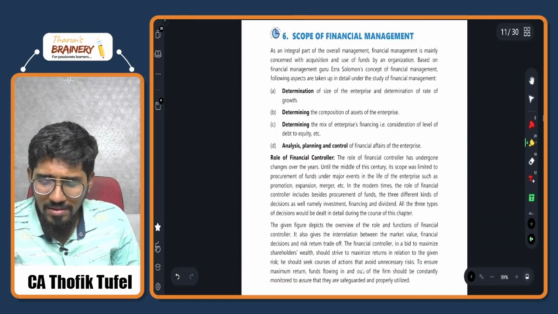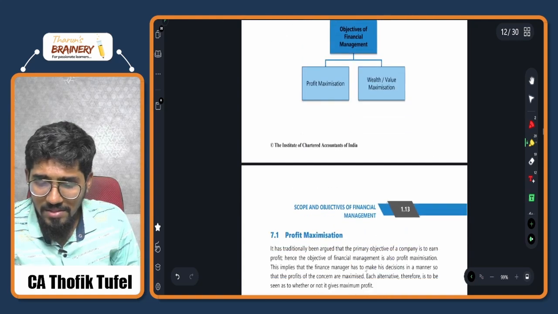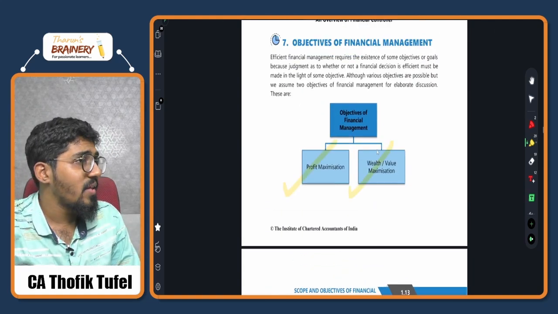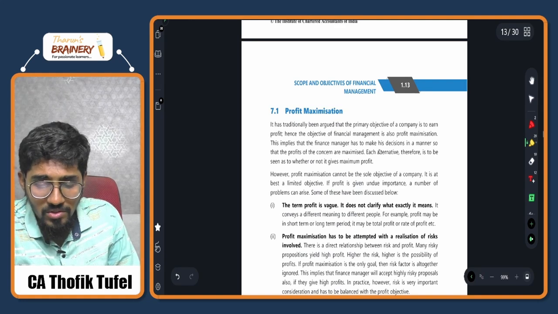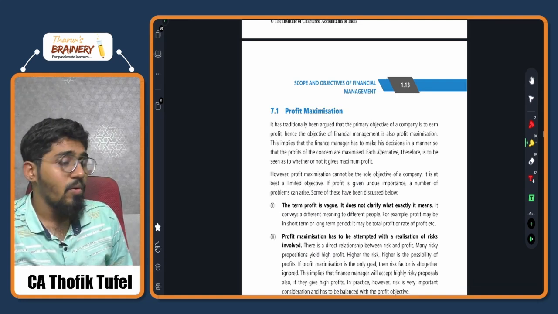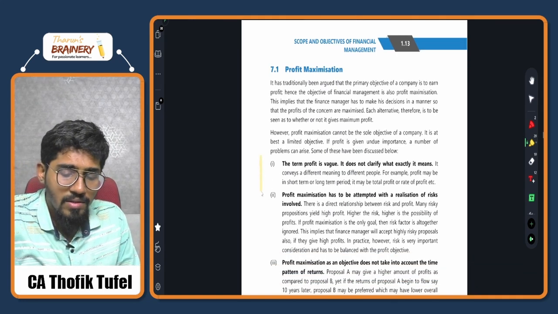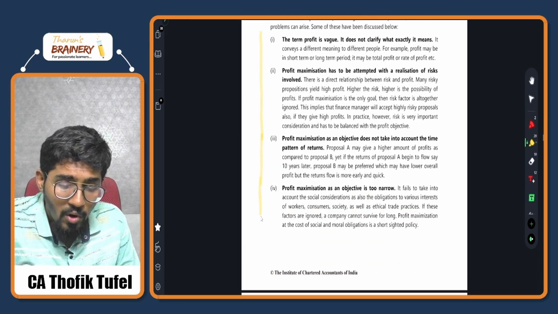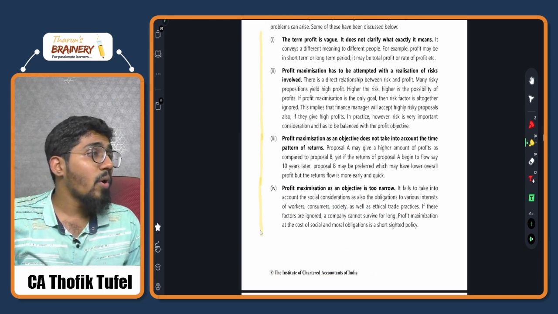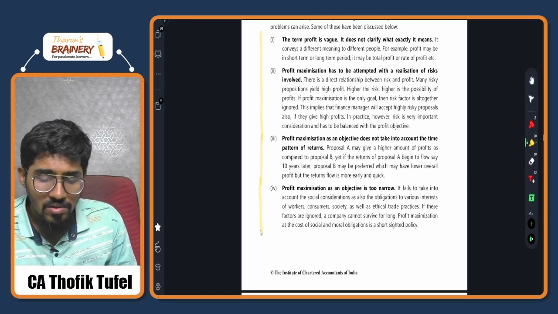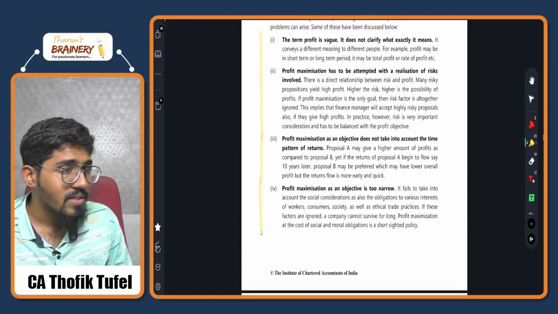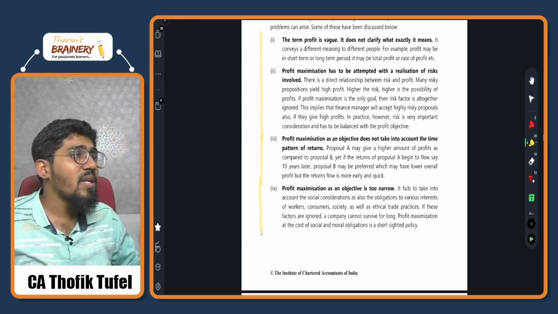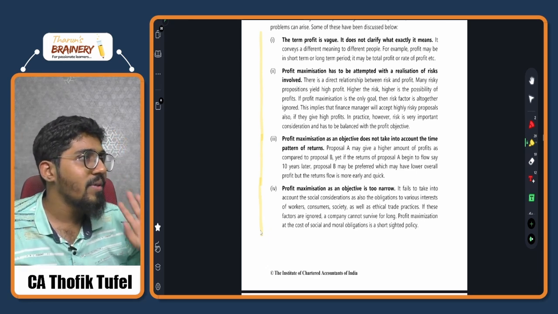The next one that we discussed is objectives of financial management. One is profit maximization and the other is wealth maximization, and this is something that you have to write on your own. I will discuss in the last the very important thing, which is the problems if we follow profit maximization. Here we have some 4 points. This is purely what is written in the study material, you have to write only that, then you will get 4 marks.